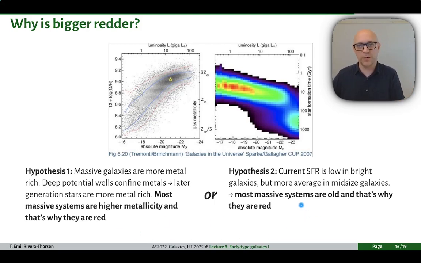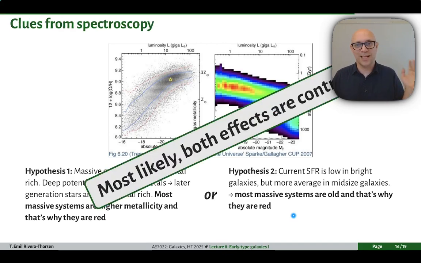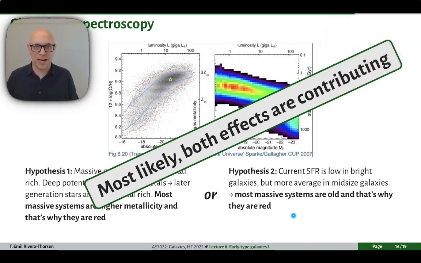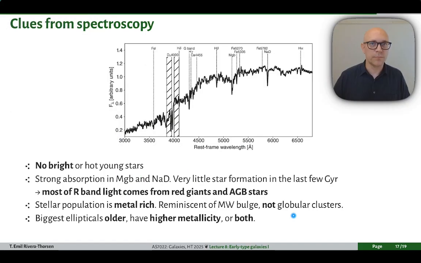The other says they're redder simply because they are older and therefore the bluer stars are gone. Most likely, a little bit like in kindergarten, both sides are a little bit right. Most likely both effects are contributing in this case.